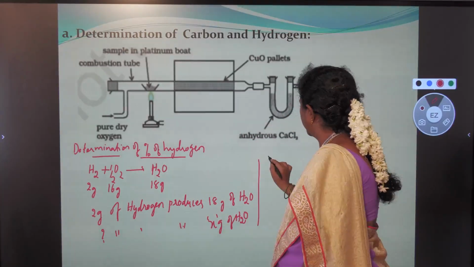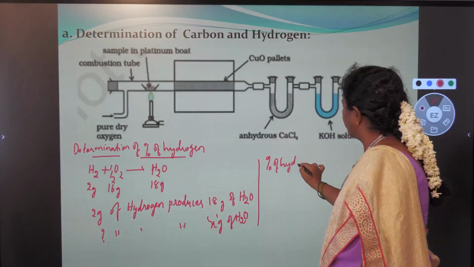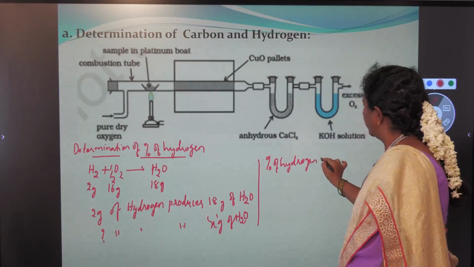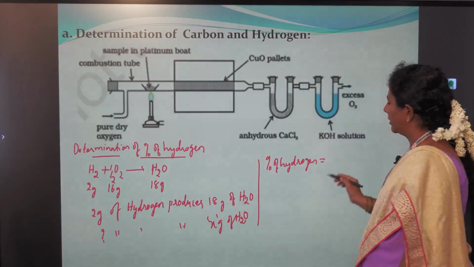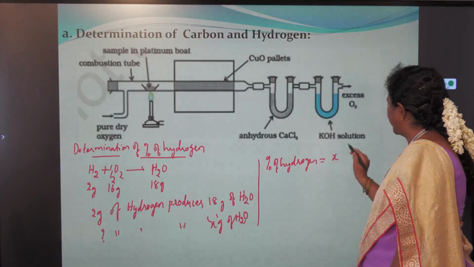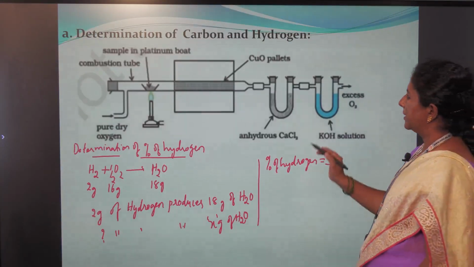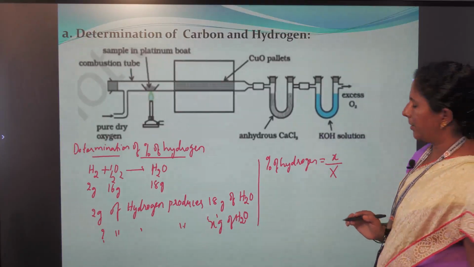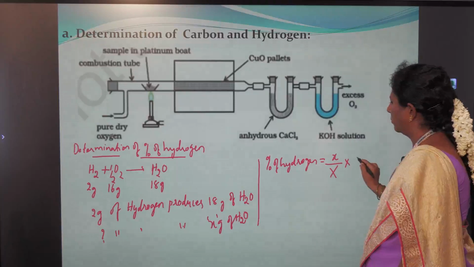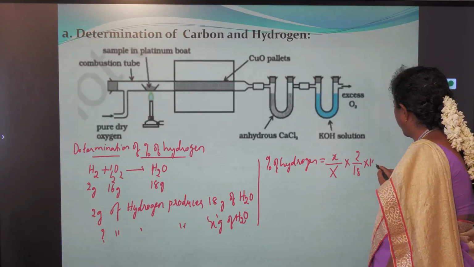From this, percentage of hydrogen will be equal to increase in weight of CaCl2 bulb, that is x grams, by weight of coal sample taken. We are denoting as with some capital X grams into 2 by 18 into 100.